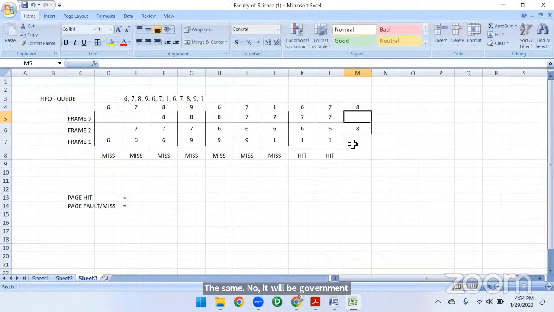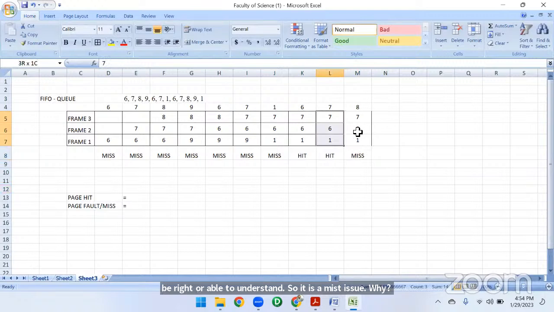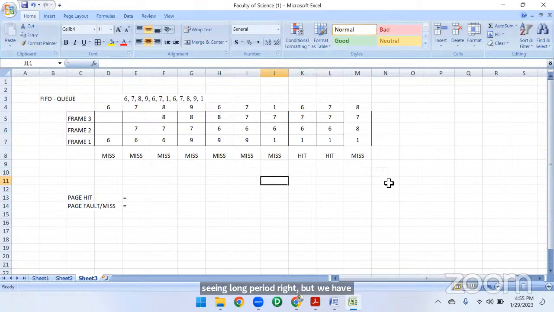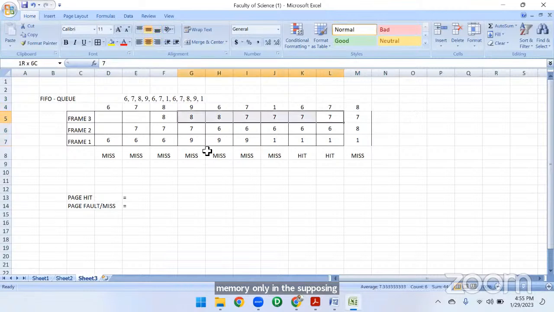Are you able to understand? So it is a miss ratio. Why? Because 8 is not available here, and it has been replaced with the one from the long period. Now we are discussing first in, first out, so we have to mention that. If a number is not available in the previous memory, suppose 8 comes into the input, we have to check only this memory, not the entire sequence.